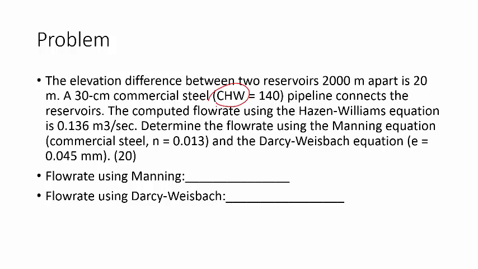Here you have the coefficient for Hazen-Williams, 140. The pipeline connects the reservoirs. The computed flow rate using the Hazen-Williams equation is 0.136 cubic meters per second. So we'll determine the flow rate using the Manning equation and Darcy-Weisbach. I'm giving you the coefficients for Manning, and the roughness for Darcy, and we'll have to calculate.